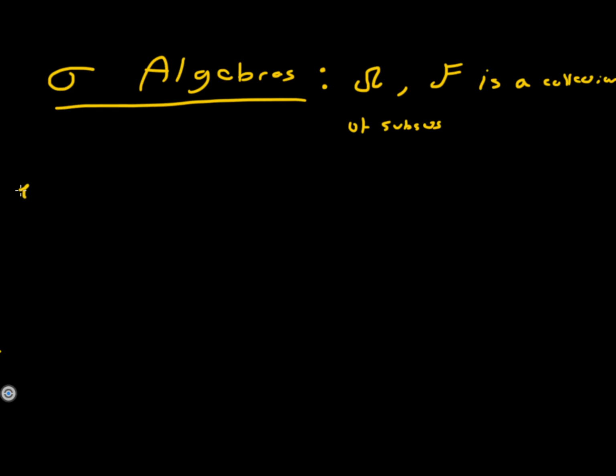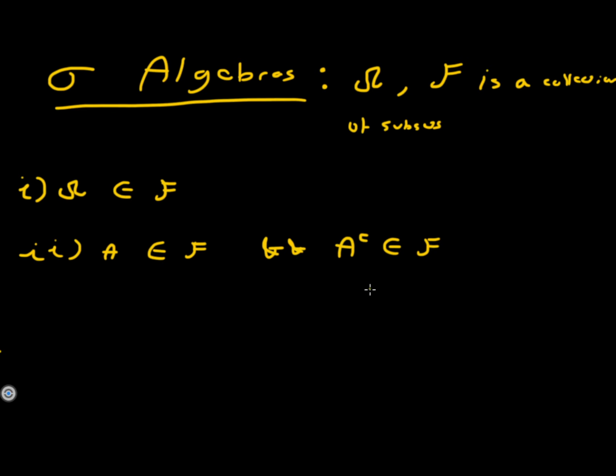Now the first condition is that the set omega has to be an element of the sigma algebra F. The second condition is that any subset A of omega in the sigma algebra F, its complement also has to be a member of the sigma algebra.